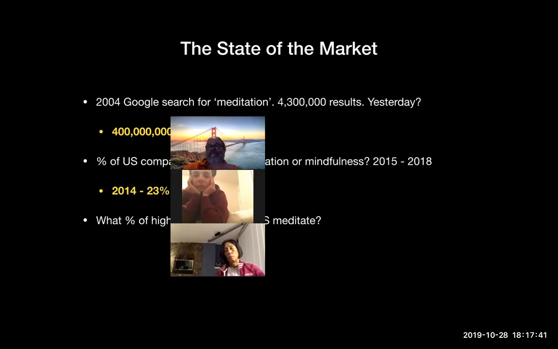Percentage of high performers means movie stars, athletic stars, big cultural icons of various kinds. I got this number from a book by a guy called Tim Ferriss, who interviews a lot of high achievers in many fields.